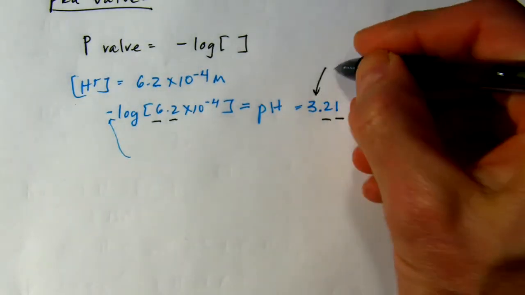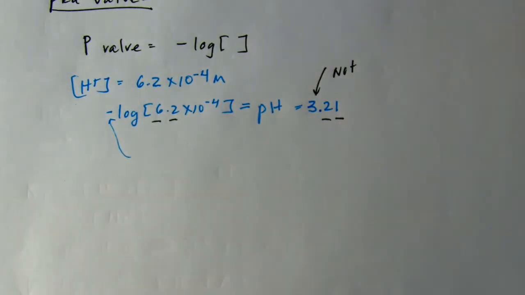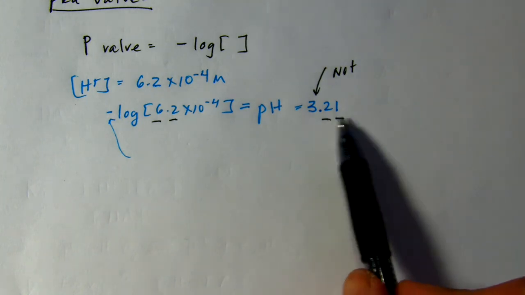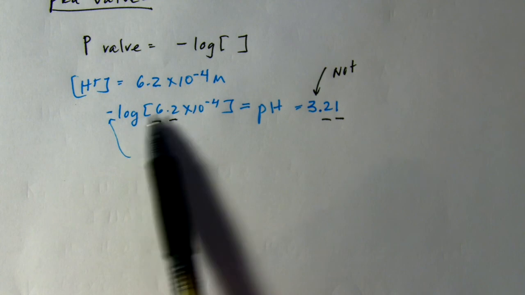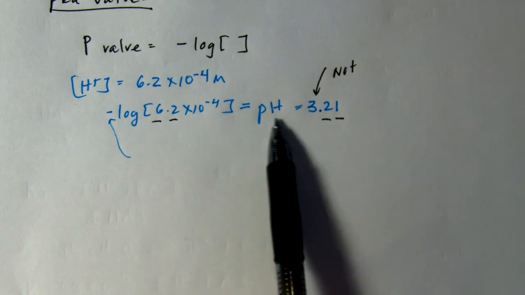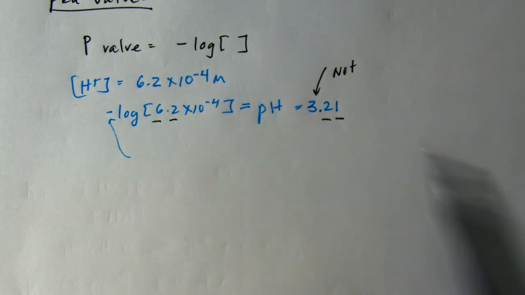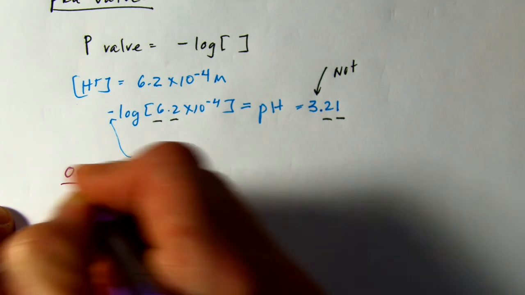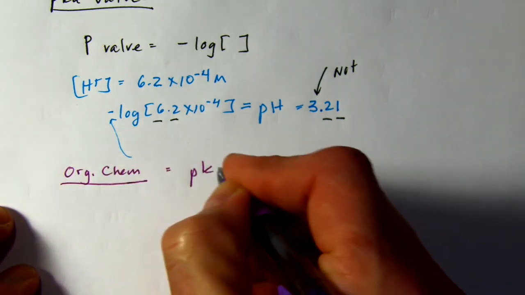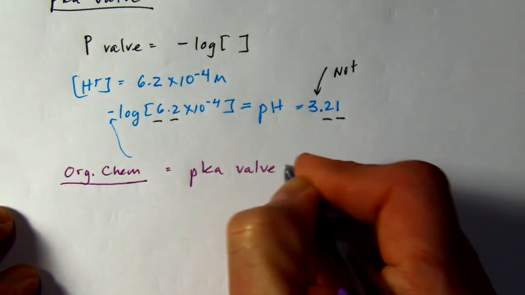This does not. Okay, all that does is tell me how far I am from 0, but this is actually the significance. All I'm showing you is that when you take the negative log of a value, that's called the p-value. And when you take hydrogen, that's called the pH. What is useful for organic chem is what are called the pKa values. That's how they do it. Okay?